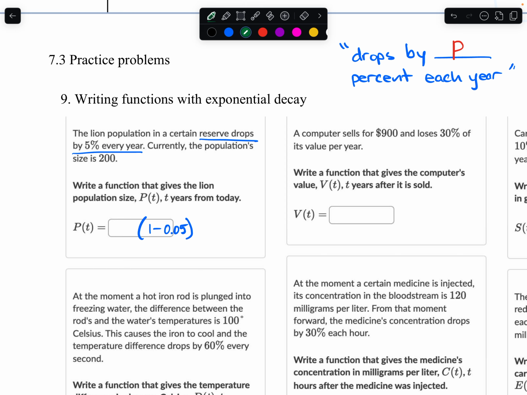Our A value is the current population. It's 200. So this is our 200 times R to the power of X. You probably won't write it this way. This is pulled straight from Khan Academy. If it's multiple choice, you probably need to rewrite it as 200 times, you can subtract that. That's 100% minus 5%, that's 95%, or 0.95 to the power of X.